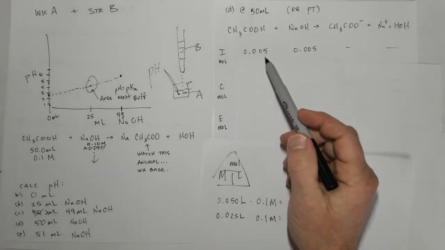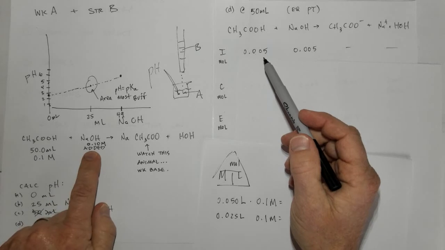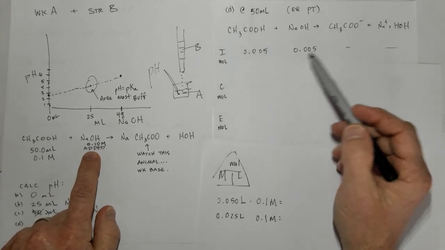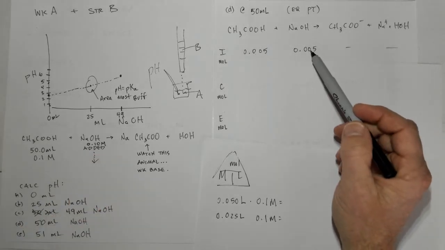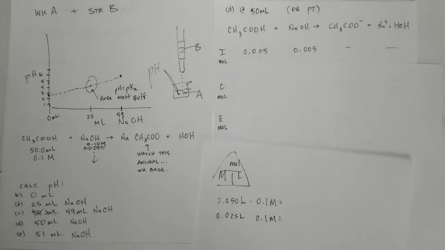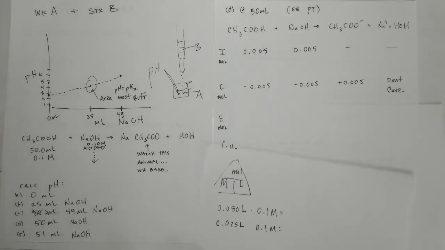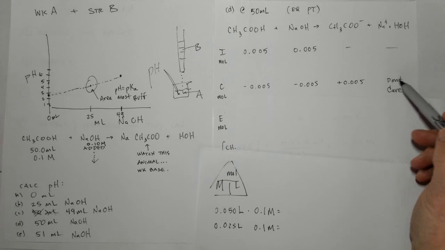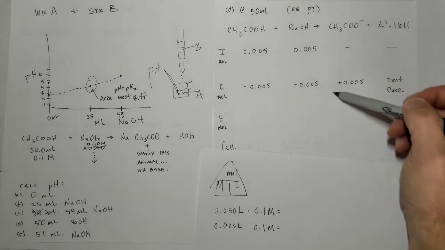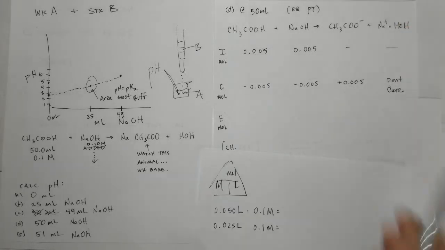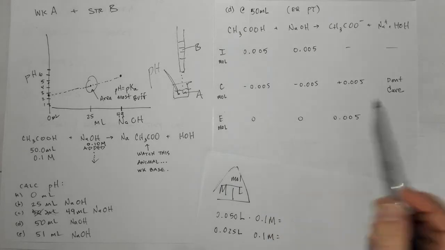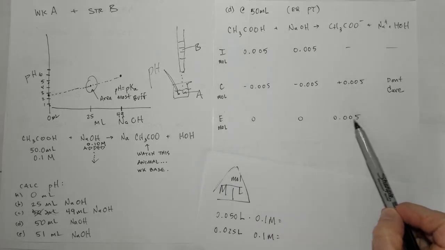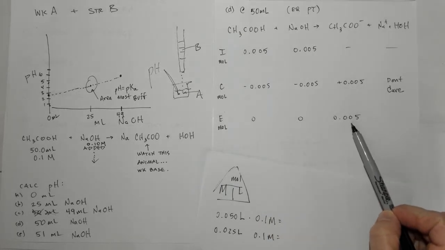And lo and behold, when I'm at 50 milliliters of 0.1 molar, I also have 0.005 of this amount. The toughest problem in the book, right here. Use it all up. Don't care about these, but I only have this remaining. In the end, 0, 0, and only this conjugate base right here.